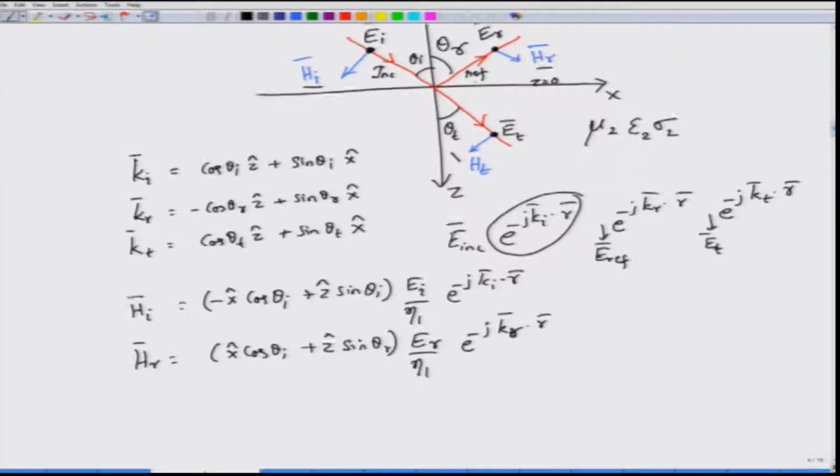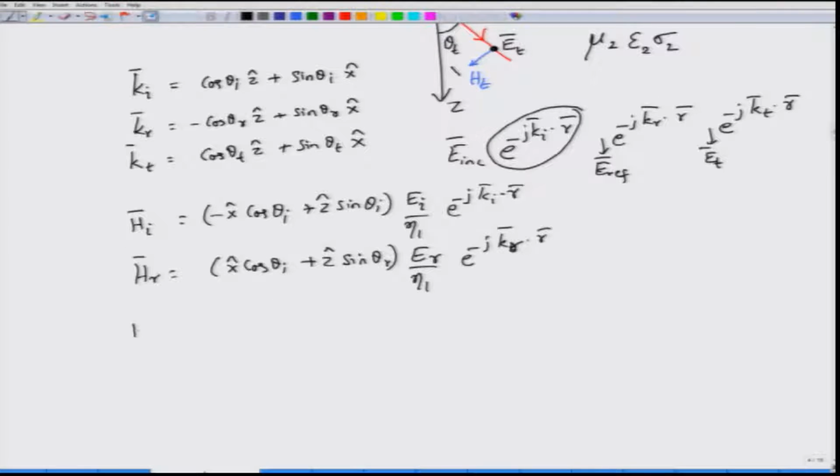Okay, this is the reflected magnetic field. Similarly, Ht will be given as minus x hat cos theta t plus z hat sin theta t, Et by eta 2 now, not eta 1, it is eta 2, e to the power minus j k t dot r. Okay. What would be the electric fields?